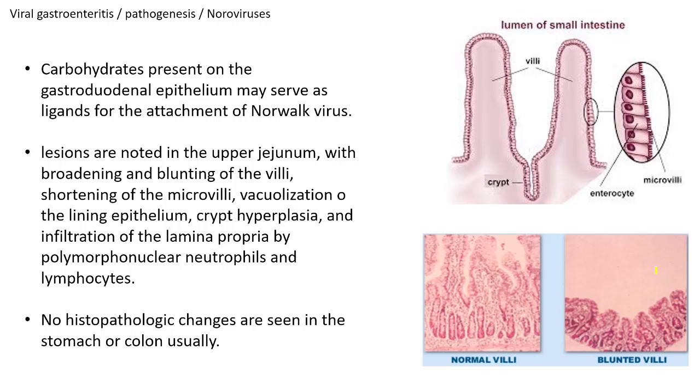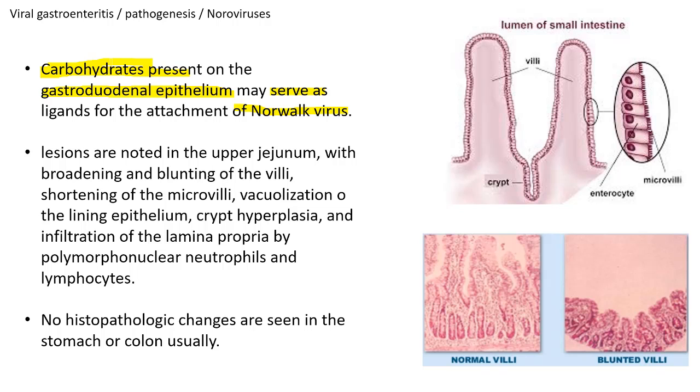Now, how does norovirus cause the disease? They think that in the first step of viral infections, usually we have certain receptors found on the cell, right, where the virus will attach, be internalized, and cause its cytopathic effects. And this is what takes place with noroviruses. Indeed, they think that there is a group of carbohydrates found on the gastroduodenal epithelium, so in the upper GI tract, that serve as ligands for the attachment of noroviruses.